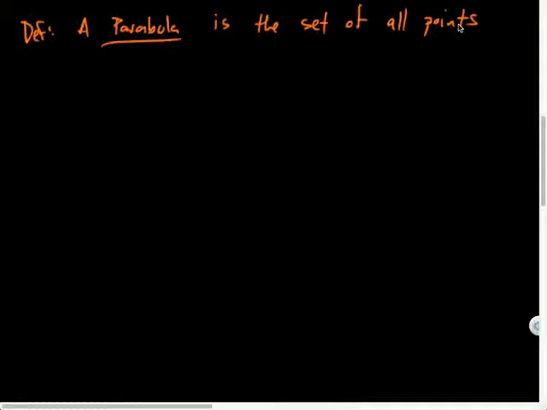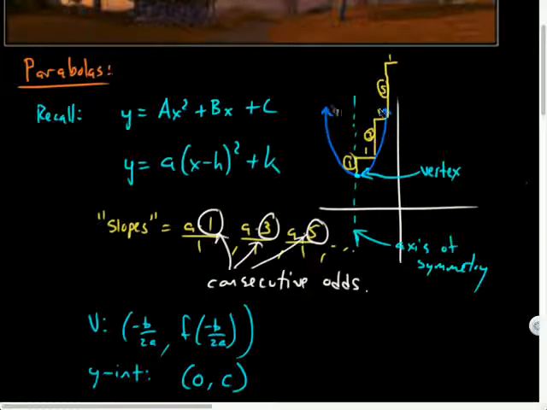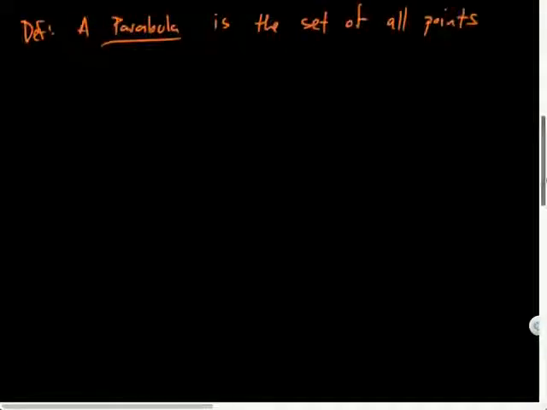The circle was the set of all points equidistant from the center, which behaved like a focal point. The ellipse had 2 foci, the hyperbola had 2 foci. It turns out that in the parabola, even though we had a vertex, there actually is a focal point as well.